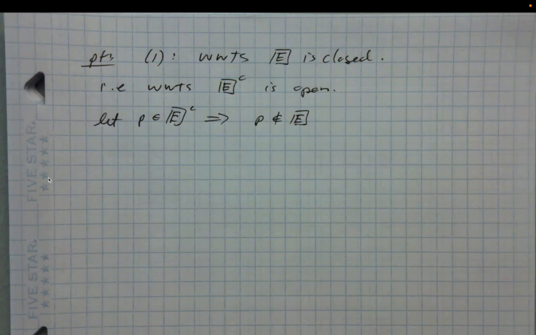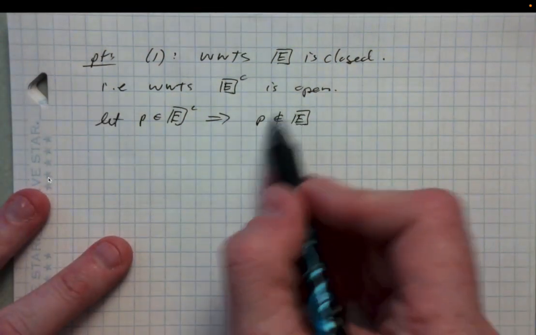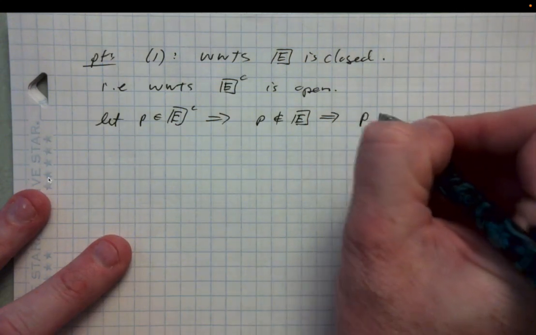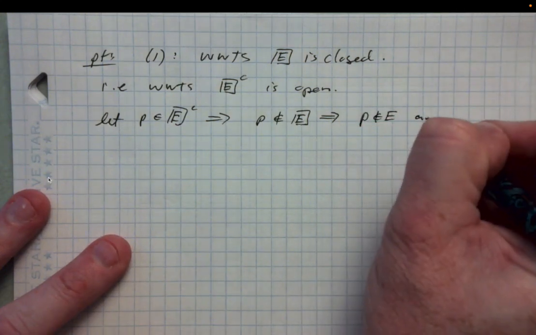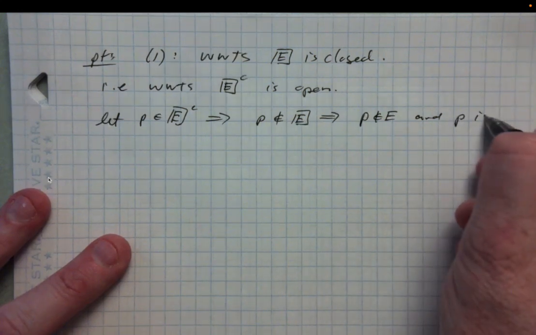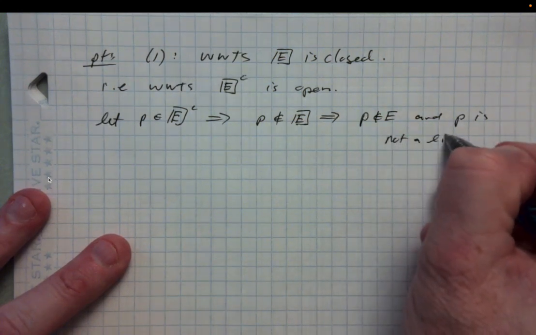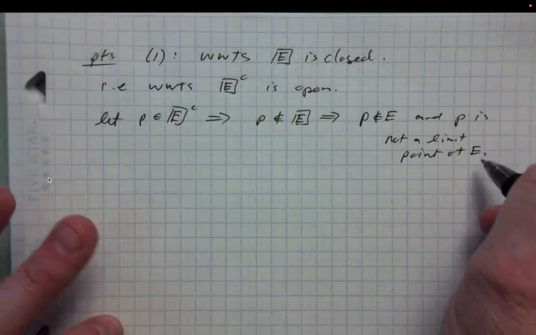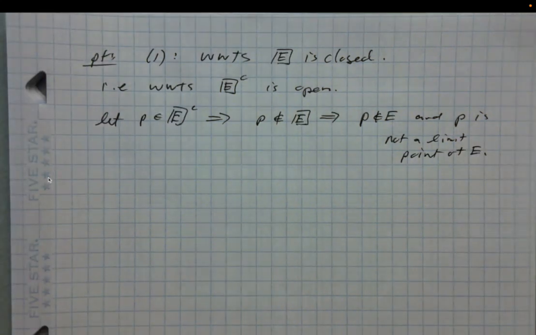And so P not being inside the closure of E means that P is not in E, and it also means that P is not a limit point of E. Because remember, the closure of E can be thought of as two sets.